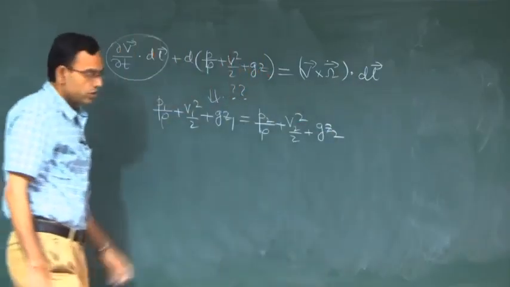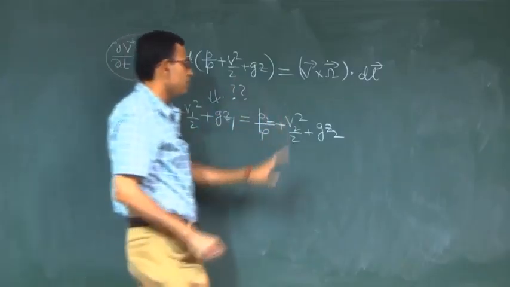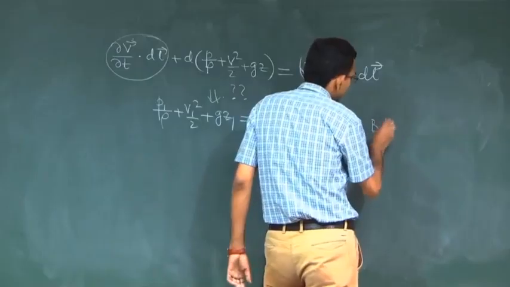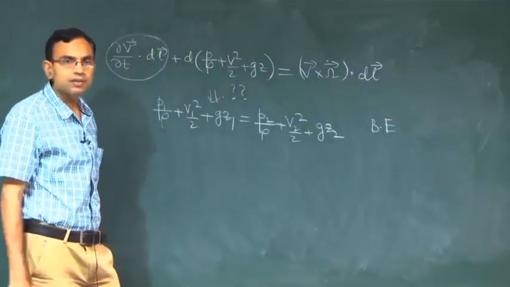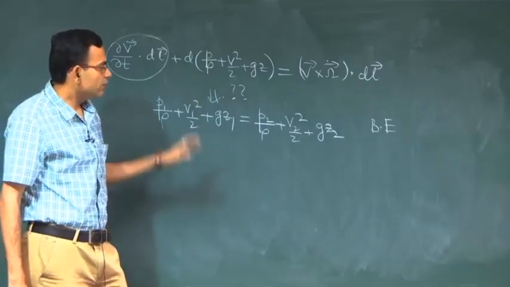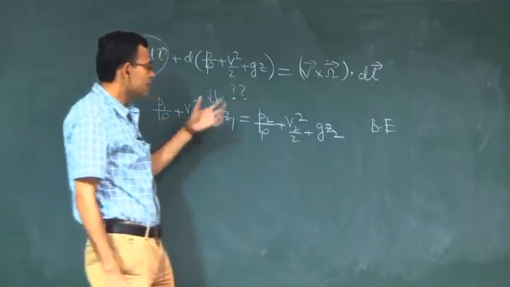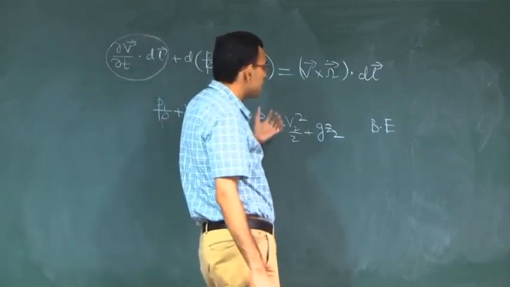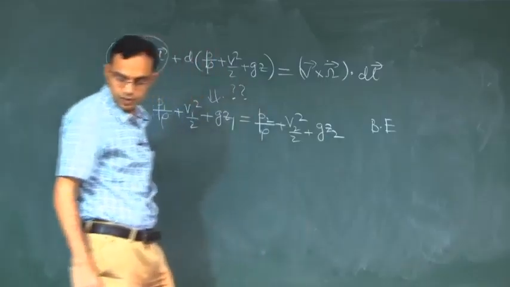Okay. So now the next issue is that, well, we all know that this is the Bernoulli's equation, and I am not spending a lot of time here on what it is and why it is important, but essentially it looks like an equation conserving mechanical energy.